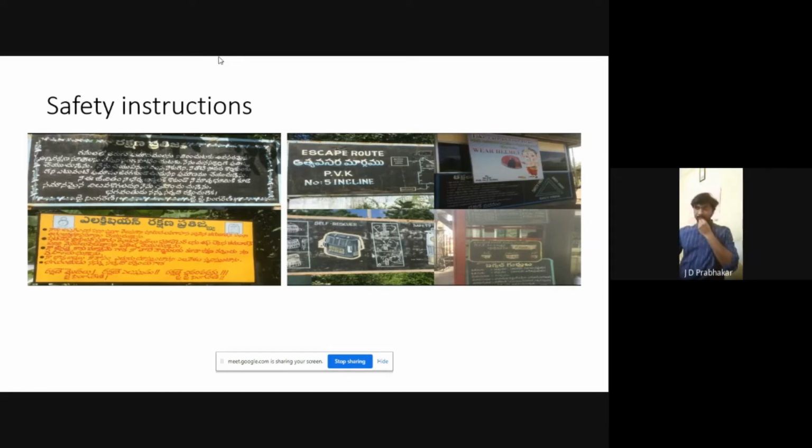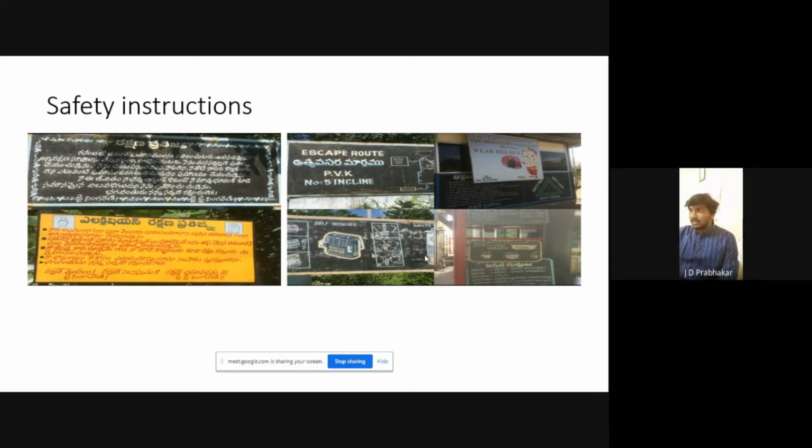As you see here, I visited a worksite which is located in Telangana state. There, all work instructions and safety instructions are given in the native language of the workers. As you see here, some of the Vakshana Pratigna and some instructions are in English, and most of the instructions are in Telugu.